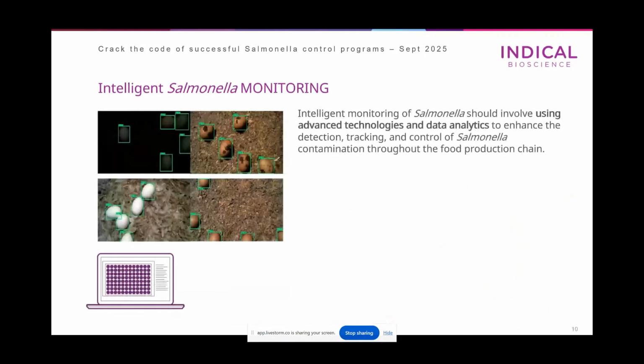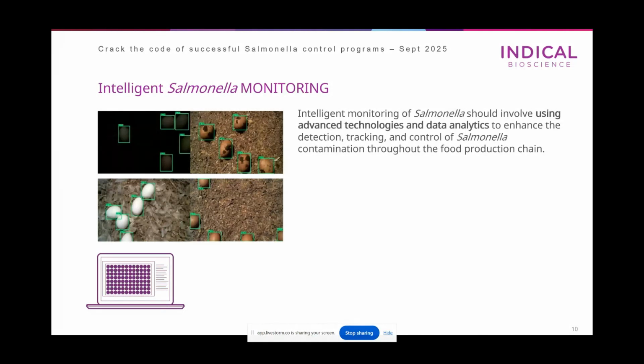So that's what I call intelligent monitoring. And for intelligent monitoring, you need to use all the advanced technologies and data analytics that we have in our hands today, including AI. When I'm talking to customers, they are saying that they are using Kaufman and White to type salmonella, or they just do O grouping or just SA.